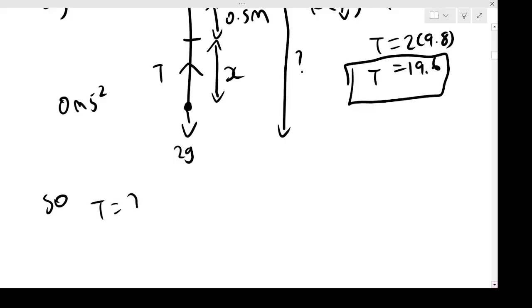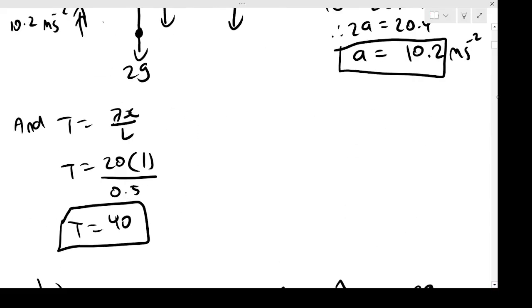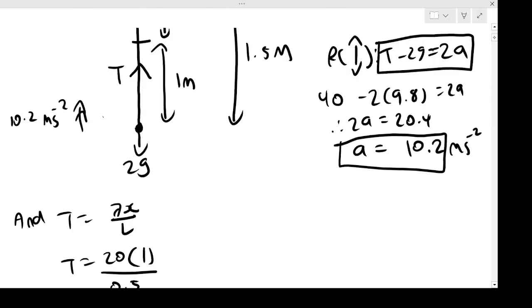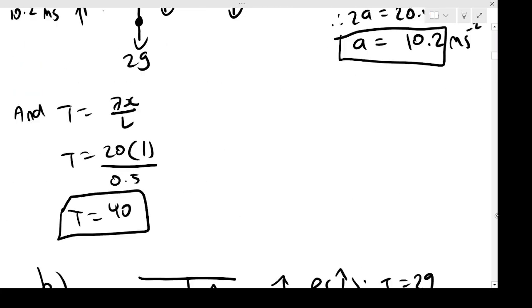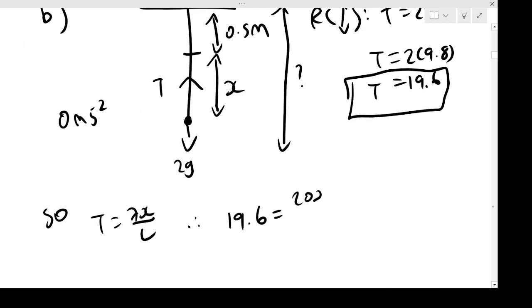So T is lambda X over L. So therefore 19.6 is going to be the modulus of elasticity, which is 20, lots of X over the natural length of 0.5. So that would mean 20X is going to be 9.8.